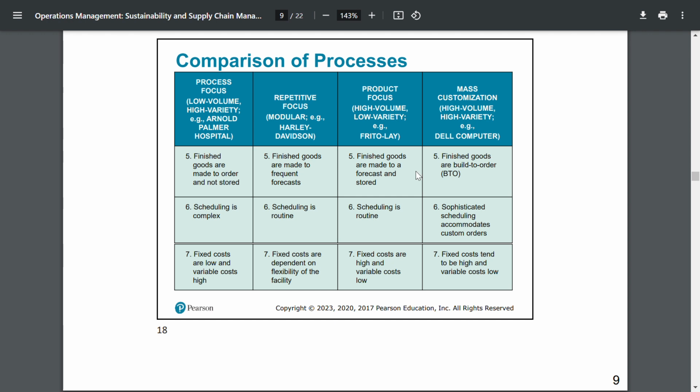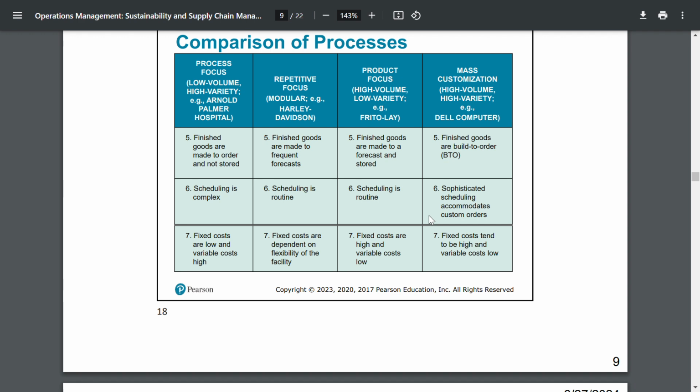And then the scheduling is sophisticated and accommodates custom orders. So sophisticated scheduling accommodating custom orders, but it has fixed costs that tend to be high and variable costs that tend to be low. So less variable costs and more fixed costs.